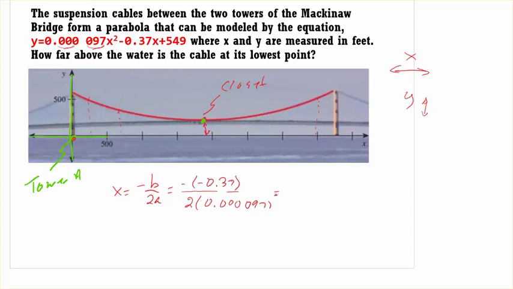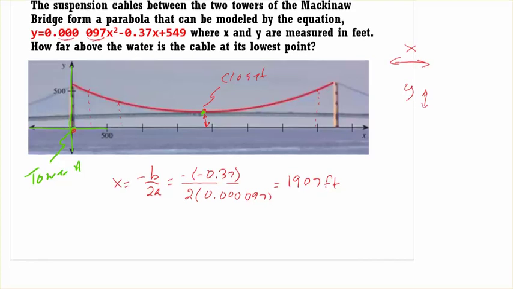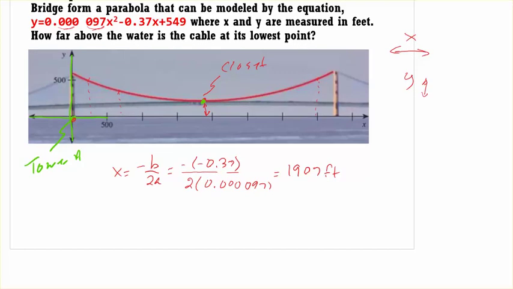And if we do this calculation, I'm just going to round it to the nearest foot. That's 1,907 feet. Now, you'll notice that when I set up the vertex formula, I identified that we were looking for the x.